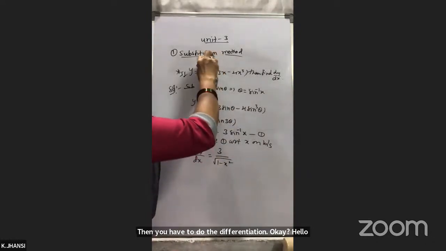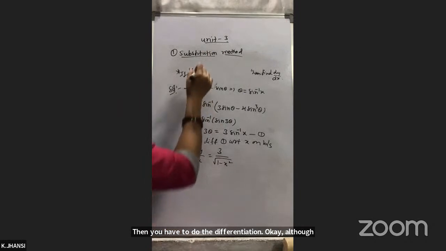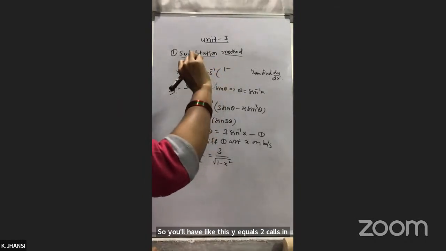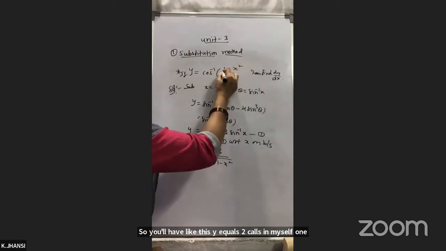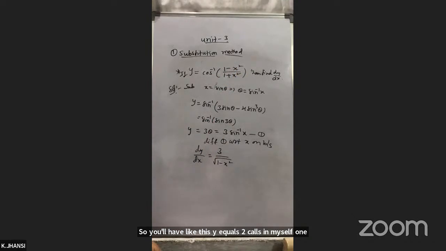So this is one problem, and one more is, so you will have like this, y equals to cos inverse of 1 minus x square by 1 plus x square. Okay. So 1 minus x square by 1 plus x square means here cos inverse is there.